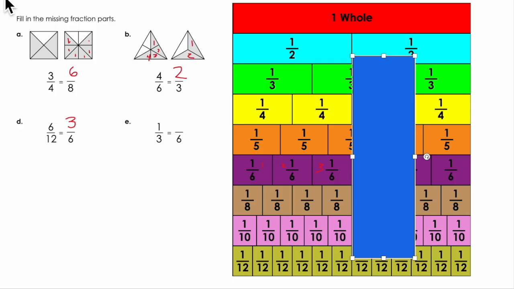So we know another equivalent fraction here. Boom. 1/2. So 6 12s is equal to 3 6s, which is also equal to 1/2. Check it out.